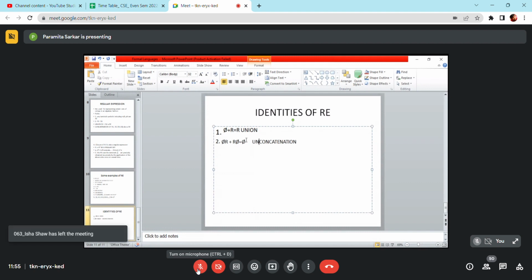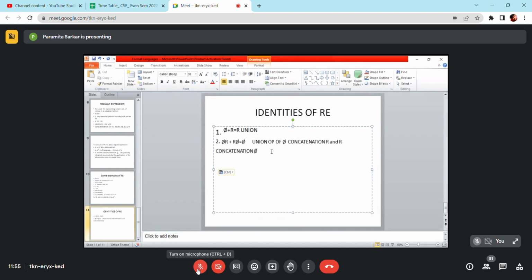So it is called union operation of phi, concatenation r and r concatenation phi.